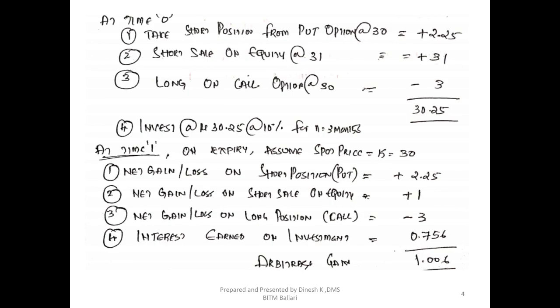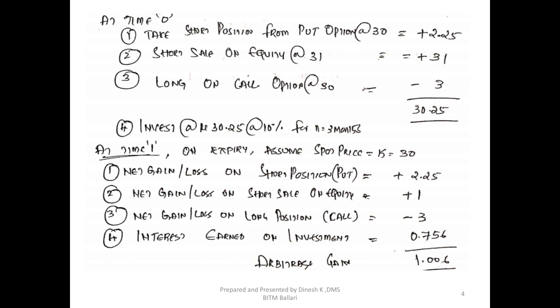Fine. So today, at time T0, I will take a short position on put option, on portfolio 2 on my right hand side, on put option for rupees 30. When I take a short position on put, I will be receiving the premium. So I receive a premium of 2.25. Then parallelly, I will take a short sale on equity for rupees 31, which is currently selling in the market. So I will be getting 31 rupees there.